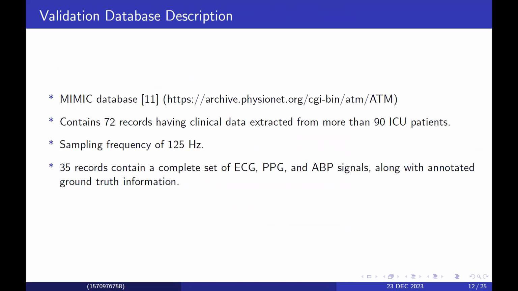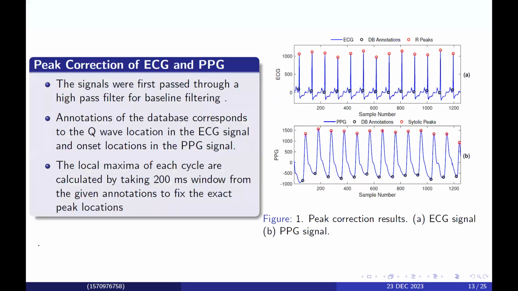Now, in order to validate the performance, we are using the MIMIC database, which is available on the PhysioNet website. It contains 72 records having clinical data extracted from more than 90 ICU patients, with a sampling frequency of 125 Hertz. Only 35 records contain a complete set of ECG, PPG, and ABP signals, along with the annotated ground truth information.